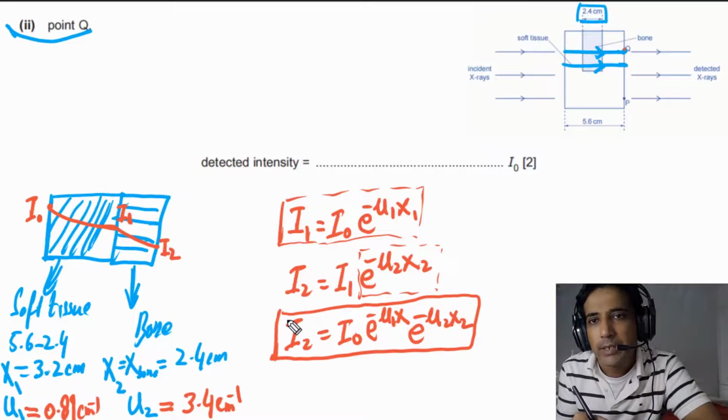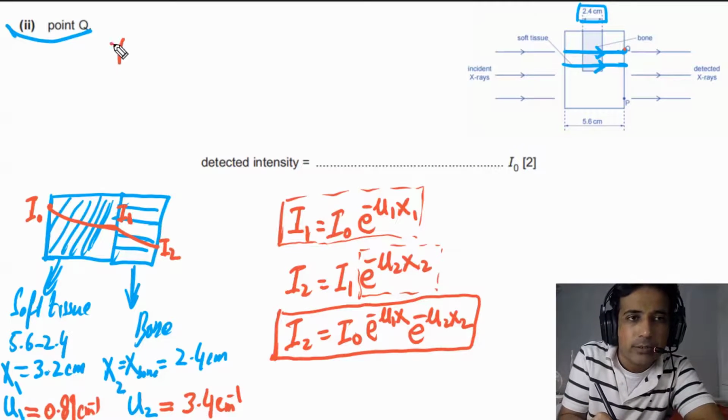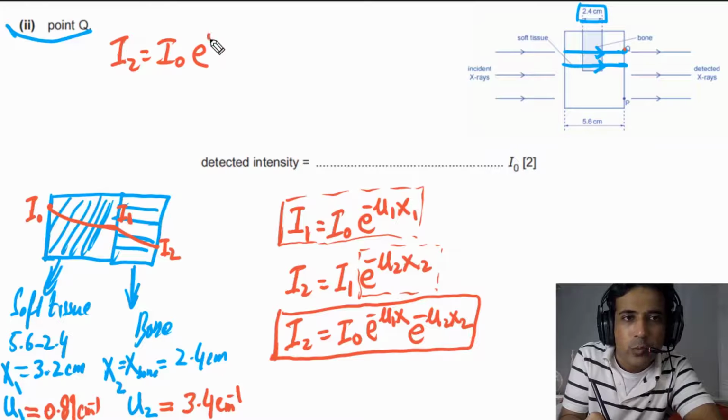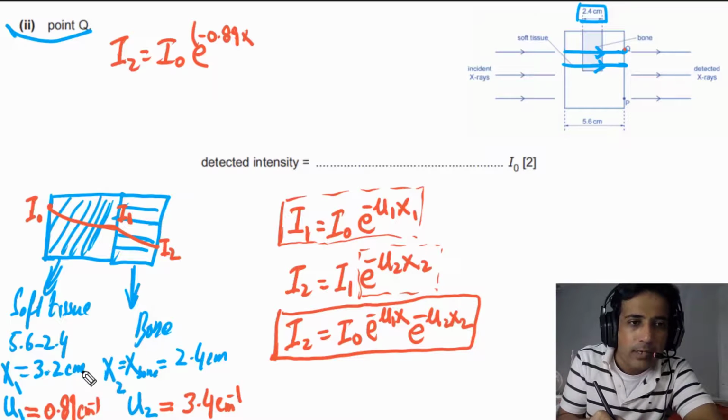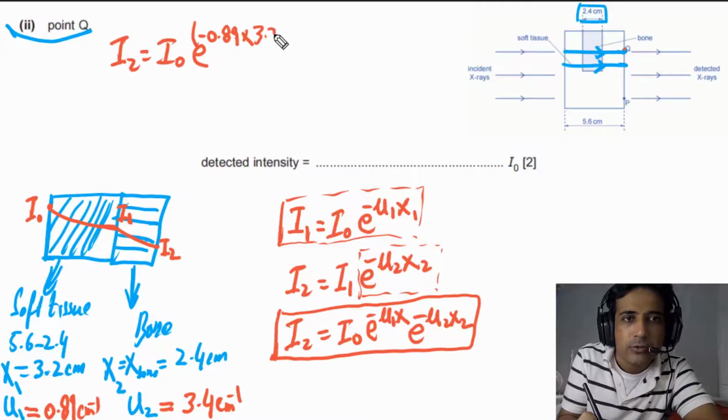So I2 in this case is equal to I naught e to the power of mu1, that is 0.89. We have to multiply this with a negative sign, multiplied by x1. x1 is 3.2.